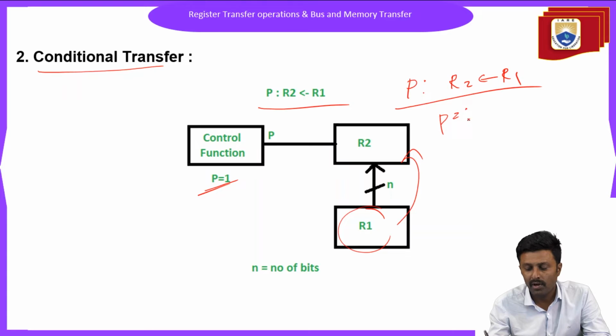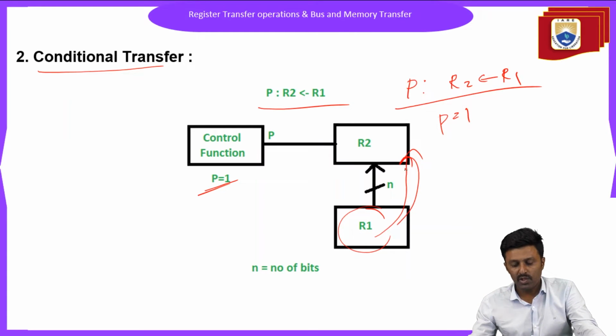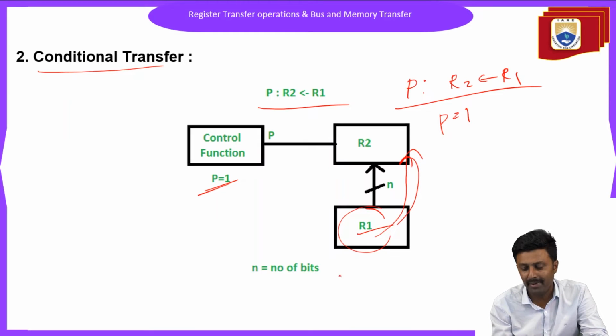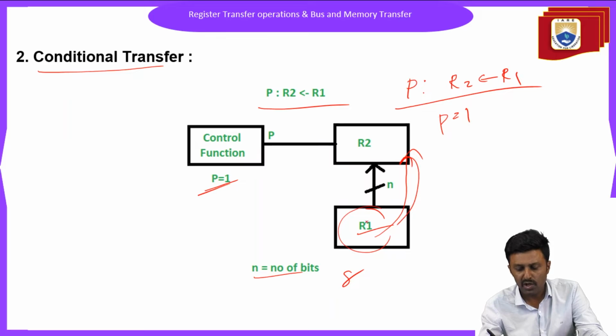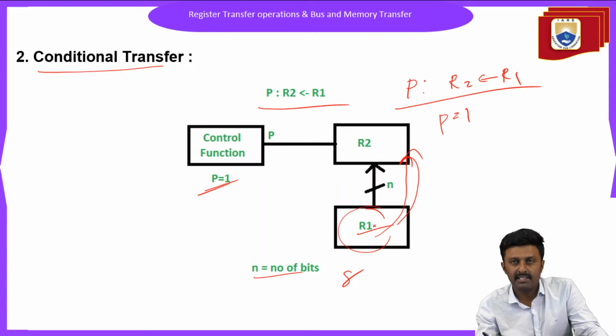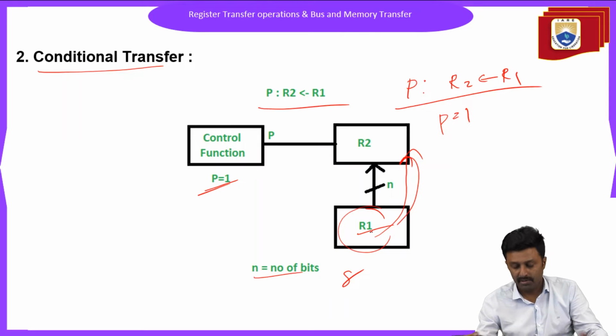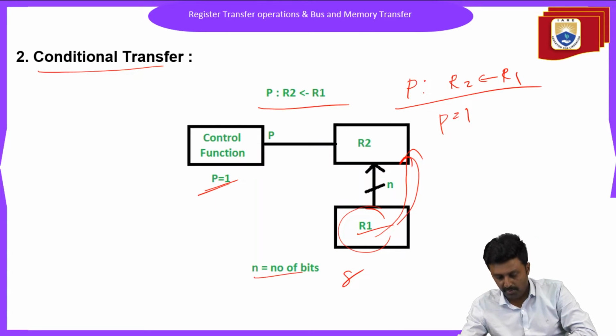When P equal to 1, the content of the register R1 is moved to R2. The content of the register may be N bits, that is, N is the number of bits here. The size of the registers R1 and R2 may be 8 bit or 16 bits depending on the processor.